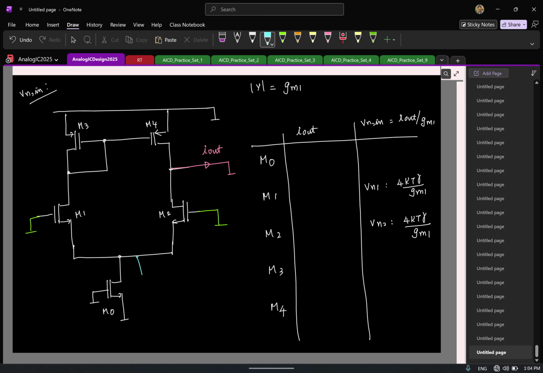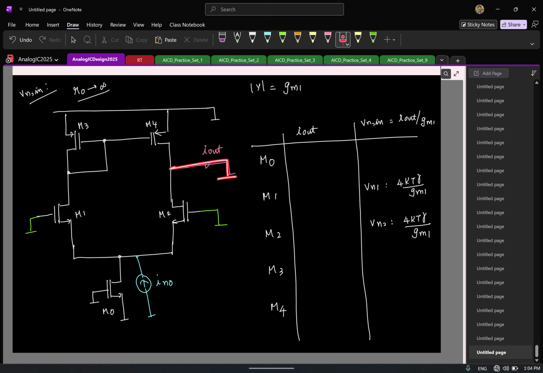Let's start with M0. Let us say I model this noise using a current source IN0. So I'm injecting a noise current here. Do you think all the current will flow through the output, or what will happen? Let's again ignore R0 for all transistors. No, drain voltages need not be the same.